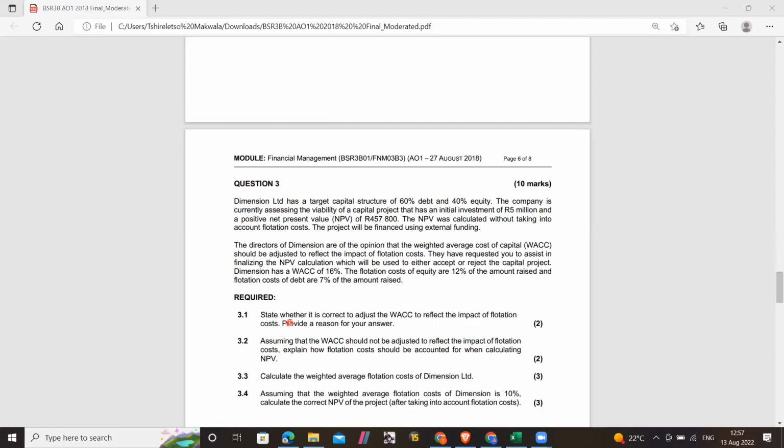No, it's not. You don't have to adjust the WACC to include the impact of flotation costs, because you only change the WACC when there is risk to the asset. Flotation costs are not risk to the asset.